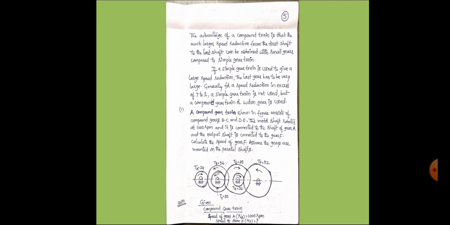So NA by NF is equal to product of number of teeth on the drivens. So here drivens are gear B, gear D and gear F. Therefore, TB into TD into TF divided by the product of number of teeth on the drivers. Here how many drivers? 3 drivers. Gear A is first driver, then gear C is second driver, and gear E is third driver.